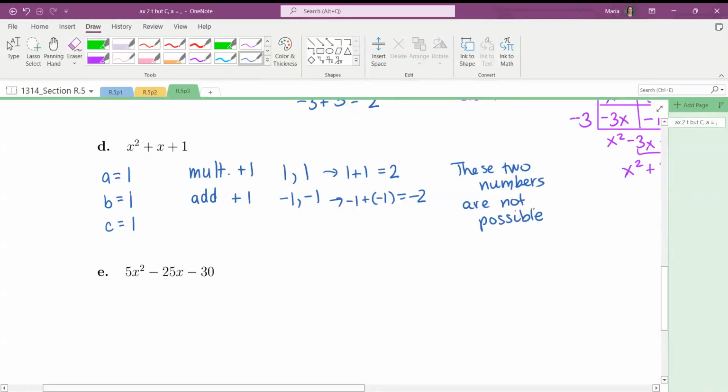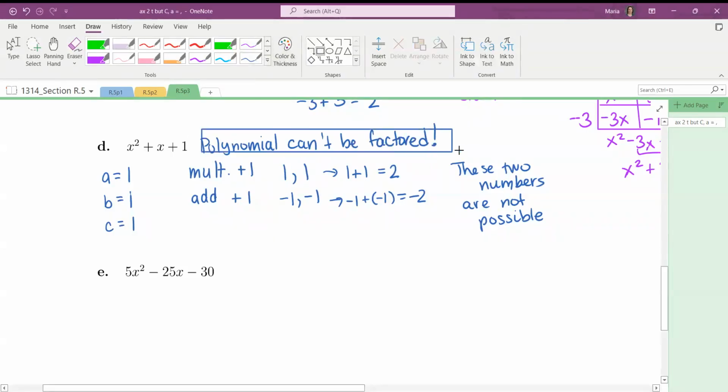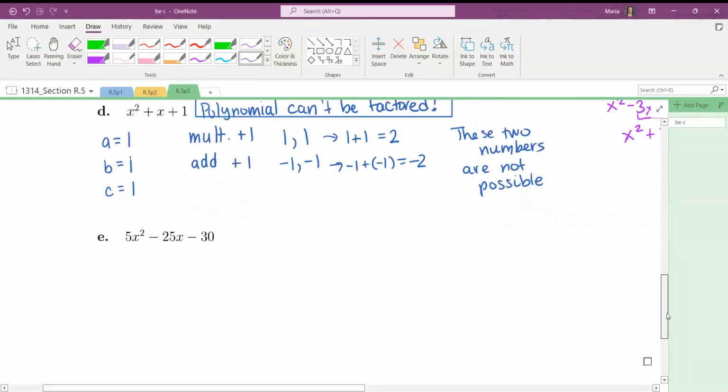So what does that mean about factoring the polynomial? Well, since we can't find the two numbers, this means the polynomial can't be factored. Not all polynomials factor. So that's the answer for this one. We want to be able to factor everything, but sometimes it is just not possible. Can't find those numbers that we need, so you can't do it.